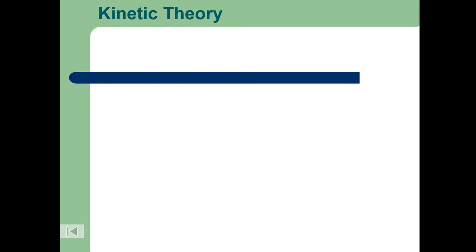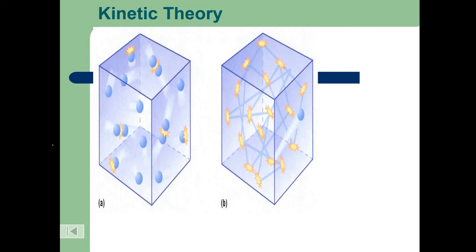Okay, kinetic theory. I'm going to give you a way to remember it. There are several kinetic theory parts. Kinetic theory is all about how things move, how they interact with their environment, how they get into things. Anybody know what the equation for kinetic energy is?